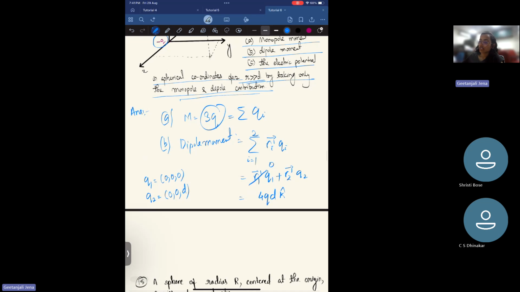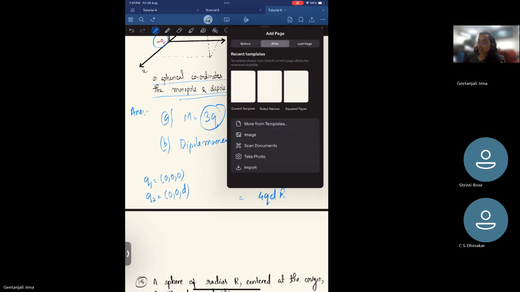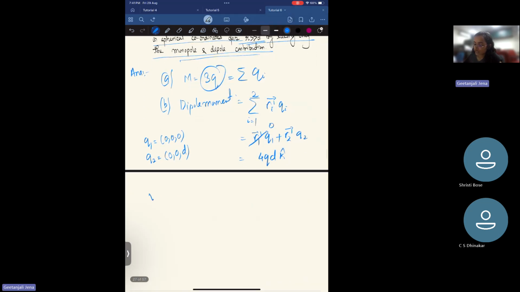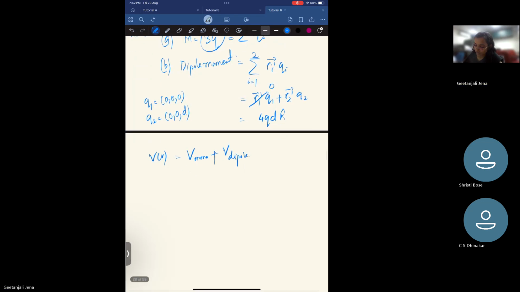Now we want to find the electric potential. If you recall, the potential has a monopole contribution, then a dipole contribution. Because the monopole moment is 3Q, let me write the formula first.